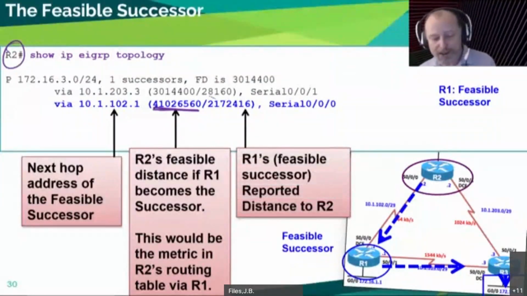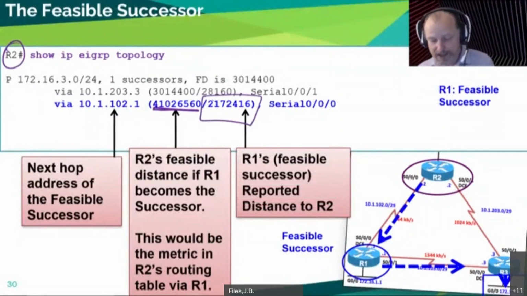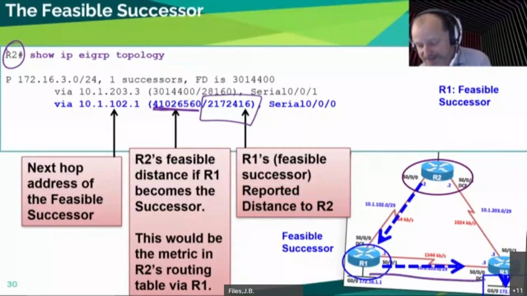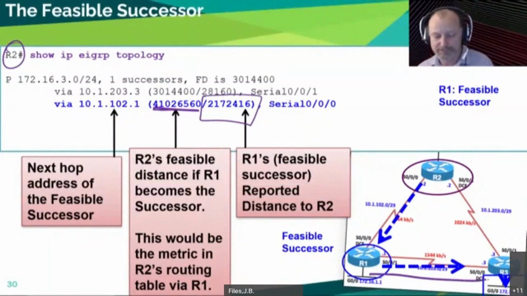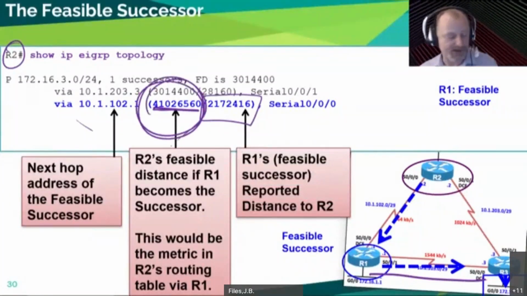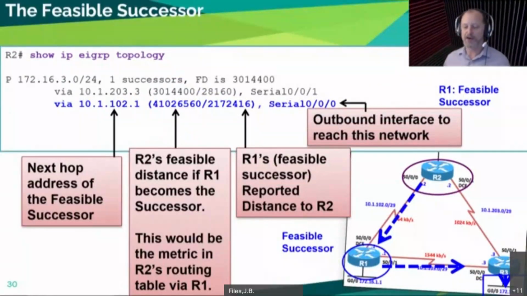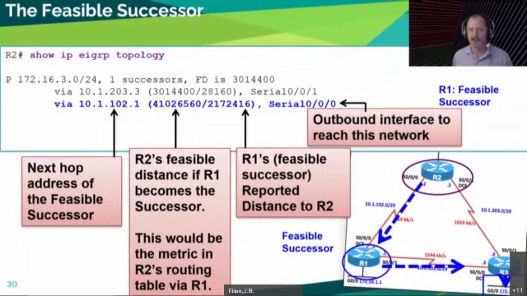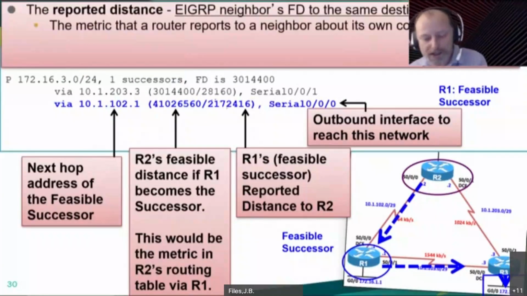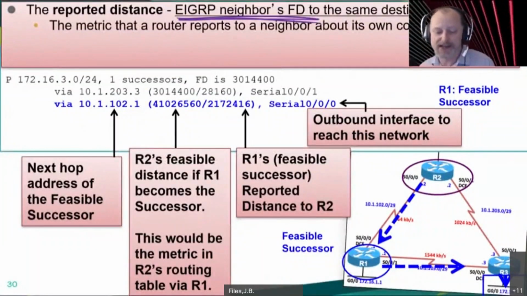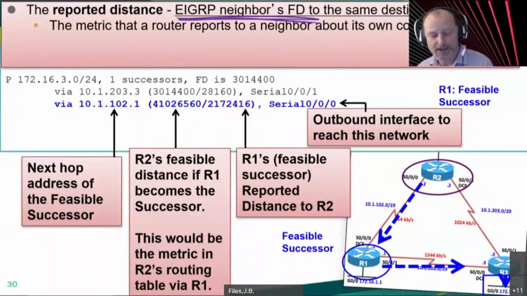But this is the reported distance, right? R1 is basically saying, hey, this is my distance to get there. If we were to use that route, this would be our distance. And of course, there's our outbound interface to reach the network. So the reported distance is our neighbor's feasible distance to that same network.